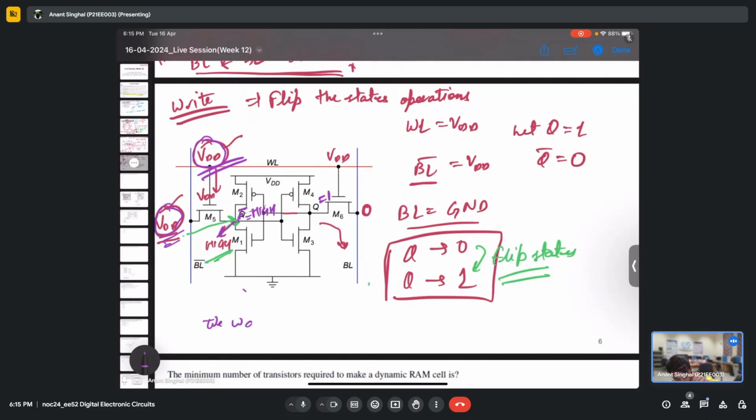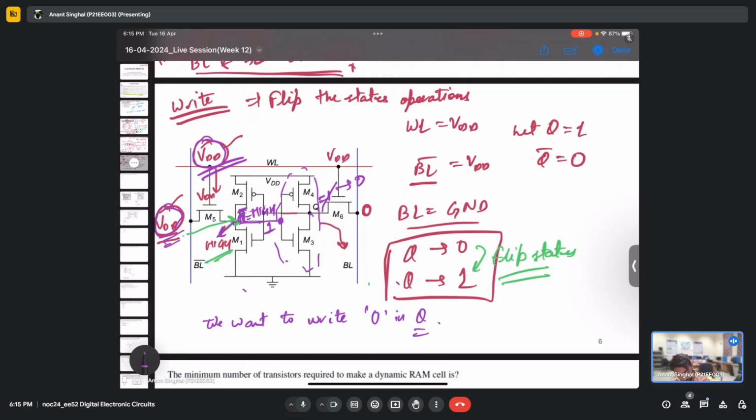We want to write 0 in Q, which is a storage node. Once this node becomes high, the input of this CMOS inverter, M4 M5, becomes high, that is 1. And once we have this input as high, our output, Q, will go from 1 to 0. So if it had been storing 1 before, it has flipped to 0.